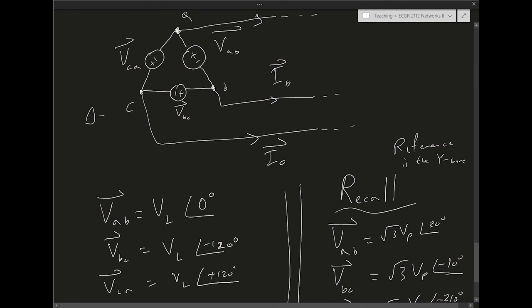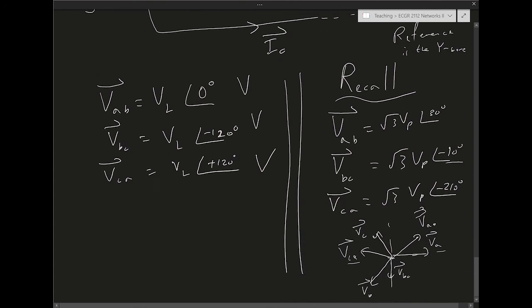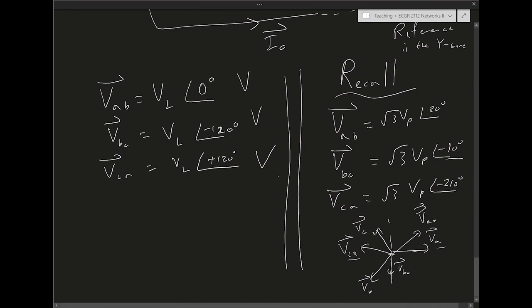Nothing much changed here. All I did is change my perspective. Instead of considering the Y source voltage to be the reference phasors that I compare everything to, I'm using the line-to-line voltage as the reference.